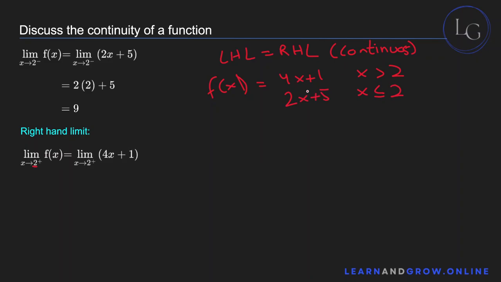Approaching from the right hand side, you'd use this expression, 4x plus 1, because it is the function value for when x is greater than 2. So you input the limit x approaches 2 in 4x plus 1, and that equals 9. So you can see that the left hand limit is equal to 9 and the right hand limit is also equal to 9.